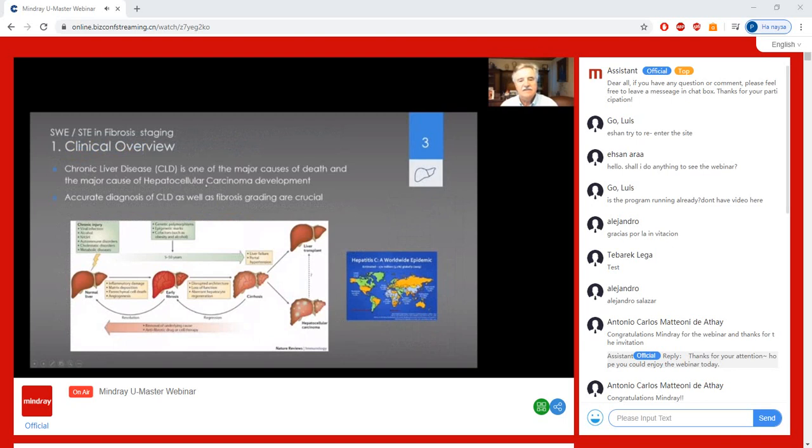Chronic liver disease is one of the major causes of death and the major cause of hepatocellular carcinoma.